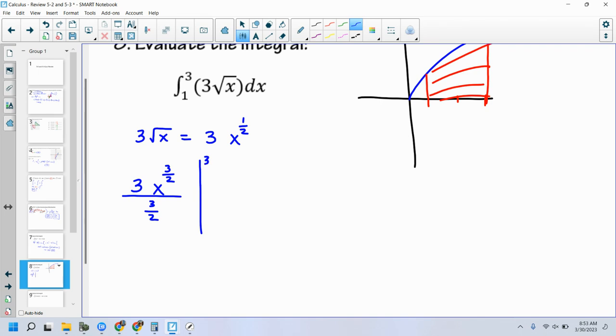And we're going to take that from 1 to 3. Let's reduce that a little bit, though. 3 divided by 3/2 is like 3 times 2/3. So 2. 2x to the 3/2 from 1 to 3.